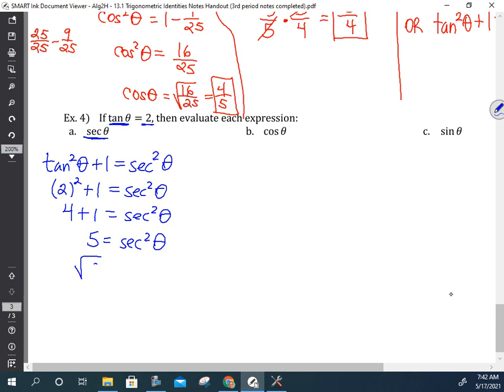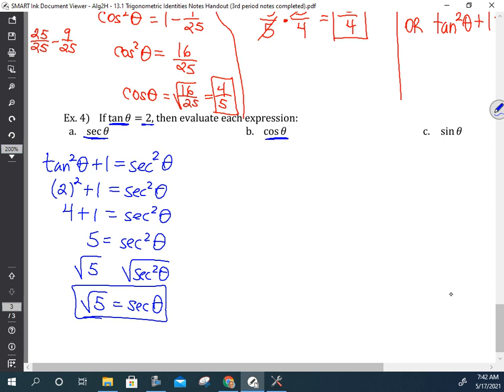So we can algebraically manipulate that by taking the square root on both sides. So square root of 5 is equal to secant theta. We leave it as square root of 5. We do not do any other algebra. We do not change that to a decimal. We're leaving it in what's called an exact value. So there's secant.